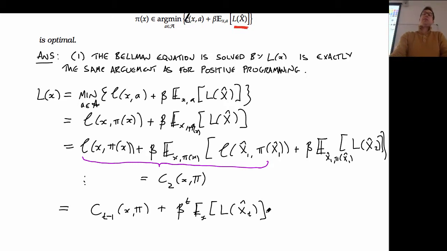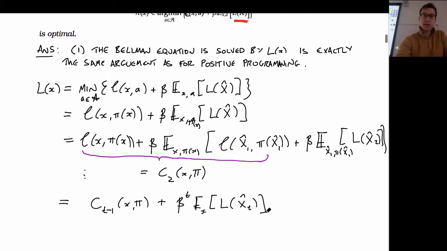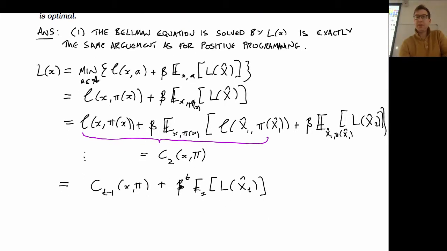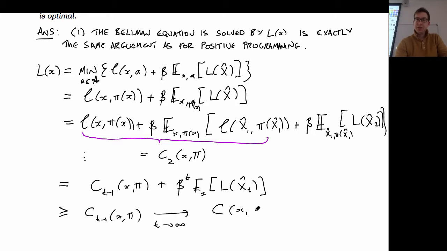Then I do something very similar to what I did before. I say that this is a positive number, that's less than the cost at this point. Okay? And then I let t go to infinity again. Okay, and it's going to converge to the cost function associated with my policy pi. Okay? So then the cost of policy pi is less than or equal to the optimal cost, so it has to be equal to it.